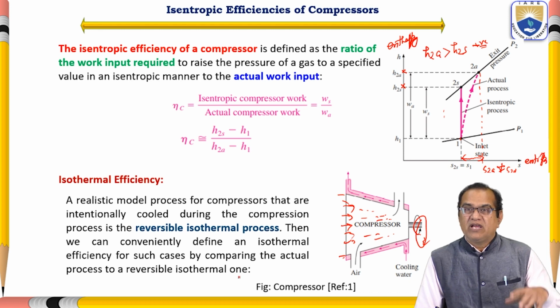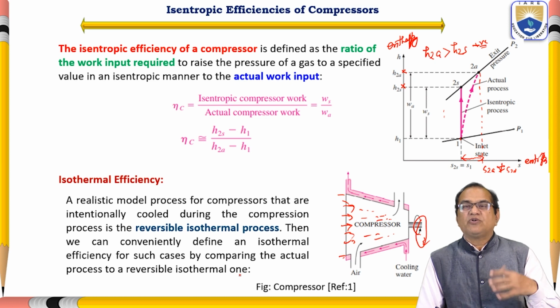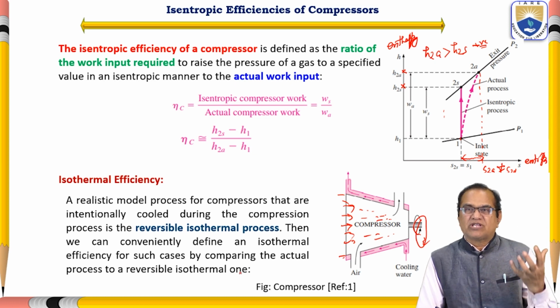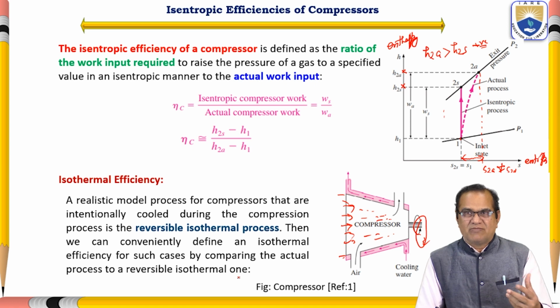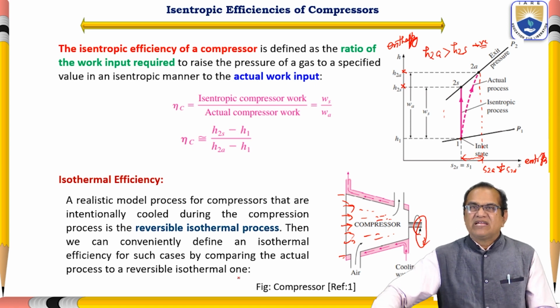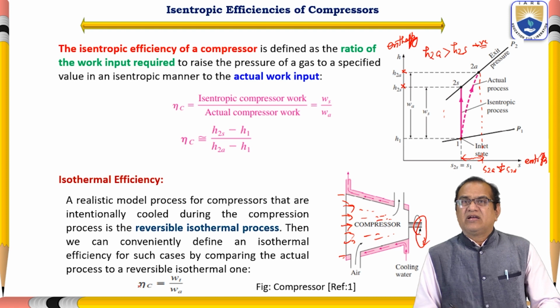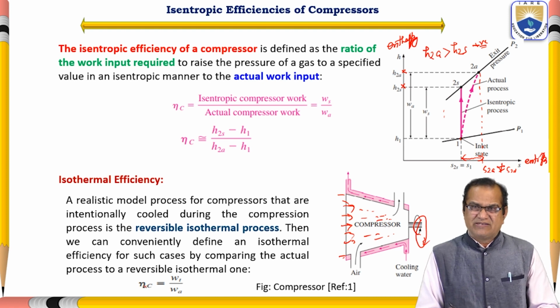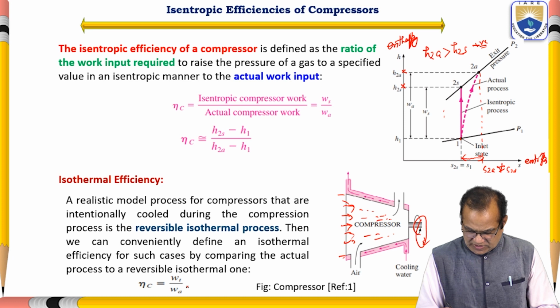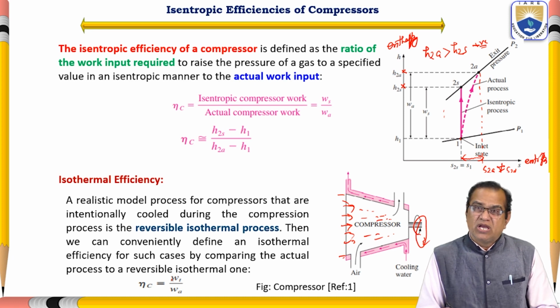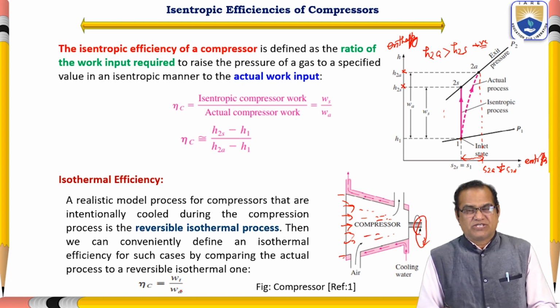So we have to compare the reversible isothermal process with the actual process, and then if you divide the reversible isothermal work by the actual work, we get the isothermal efficiency of the compressor, eta C, which is equal to W_T, the work in the isothermal process, divided by the actual work done in this process.